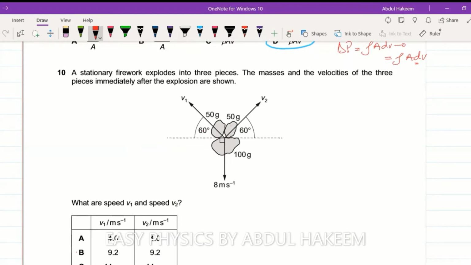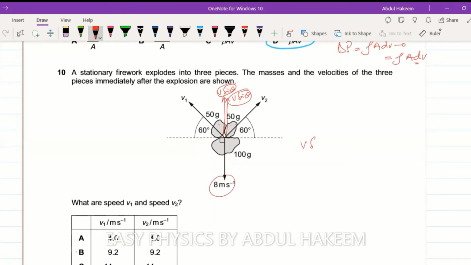So this component is v sin theta. This component also is v sin theta, because both velocities are the same. v1 and v2 have the same mass, same angle, so same velocity. These two velocities are vertically up, so they are balancing this velocity.